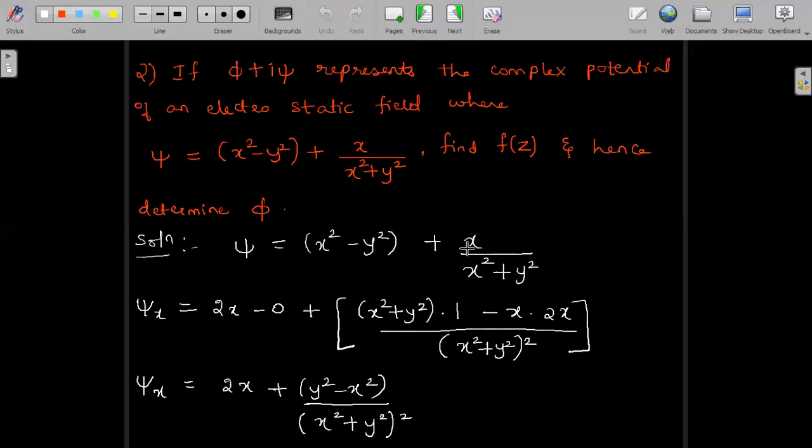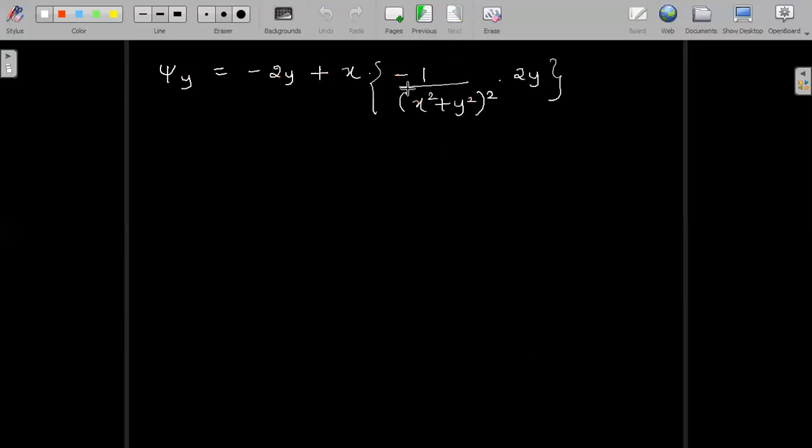So keeping x as it is, I can differentiate only 1 by x square plus y square, which is of the form 1 by t. So differentiation of 1 by t is minus 1 by t square, so x square plus y square whole square, into, with respect to y, so chain rule, y square differentiation will be 2y. With respect to y we are doing.